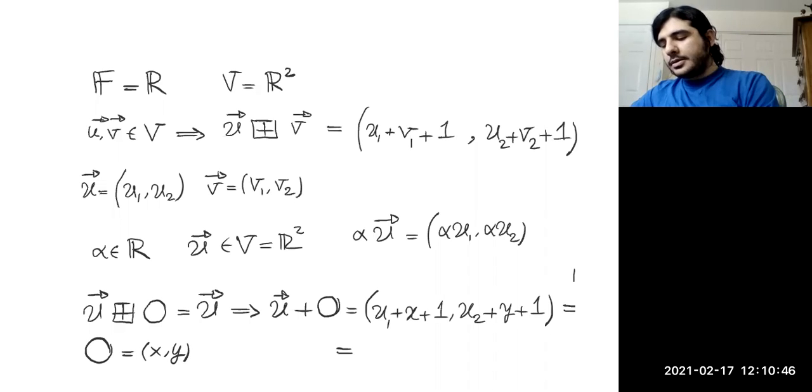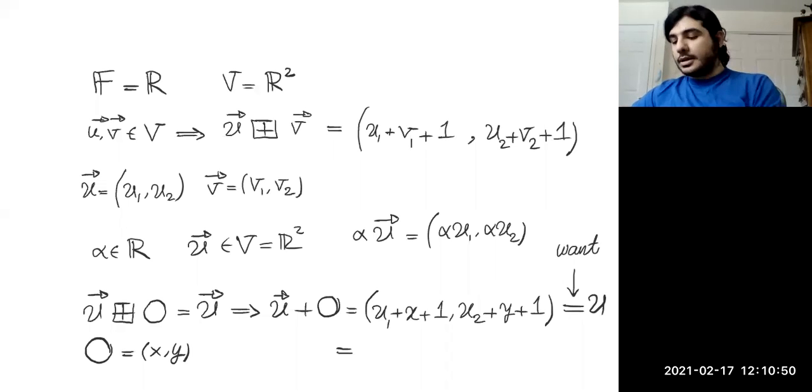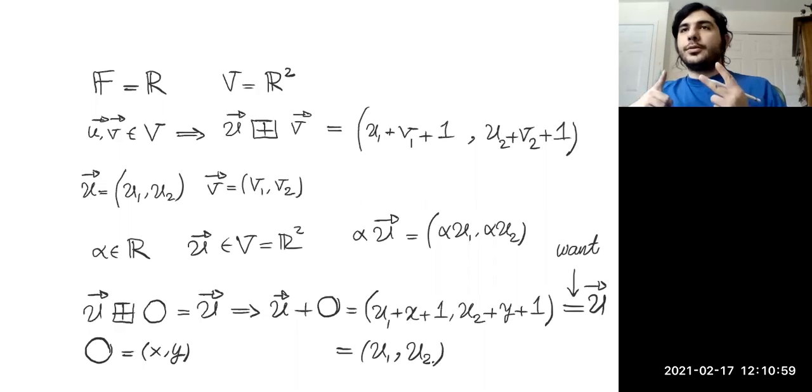What we want is that we want this to be equal to the vector U. The vector U again has two components, U1 and U2. Now, if these two things are supposed to be equal, each component should be equal to the corresponding component in the other vector.